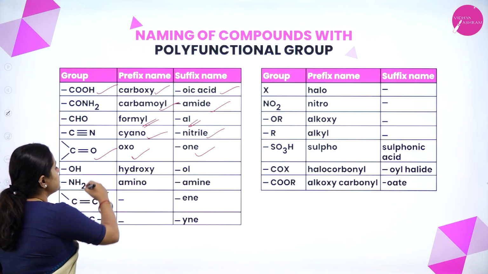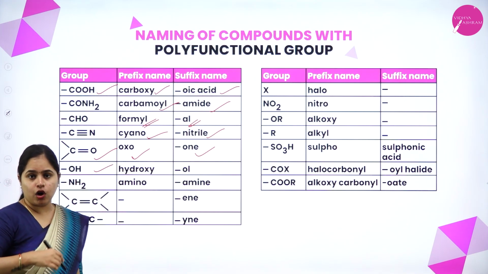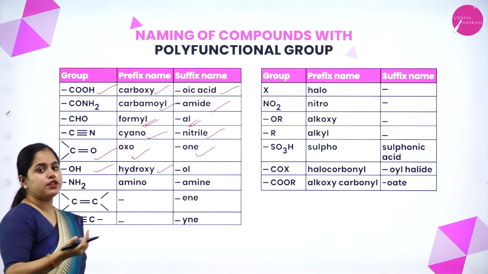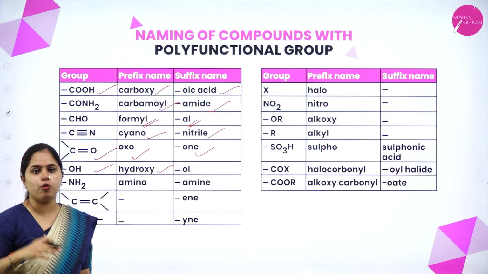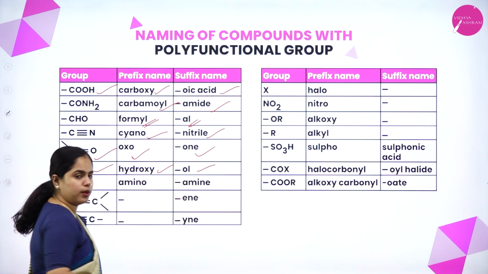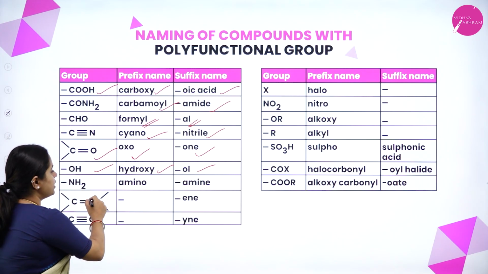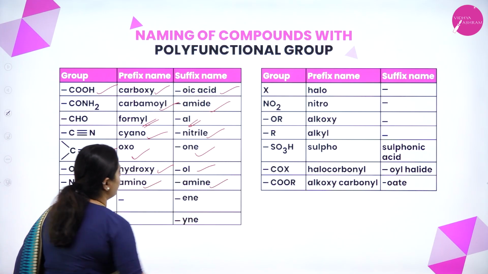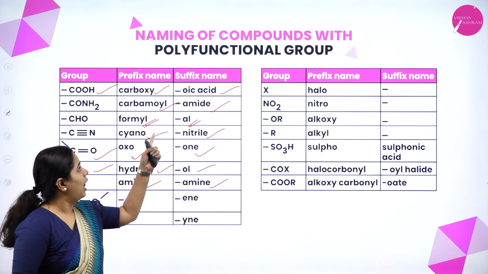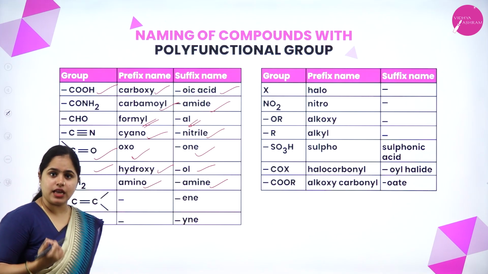Right, and next is the alcohol group. If it comes as the prefix, it will be hydroxy. Yes, if it is present as the substituent group, we should prefix it, right? So it is hydroxy, and if it is suffix, it will be 'ol'. Right, next one is amino and amine. So for the amino group, in the prefix it will be amino, and in the suffix you write it as amine.